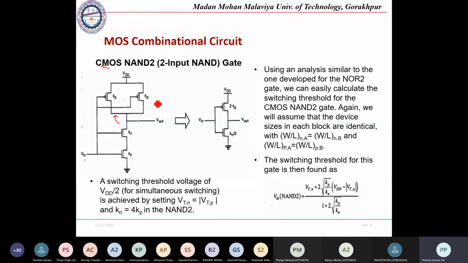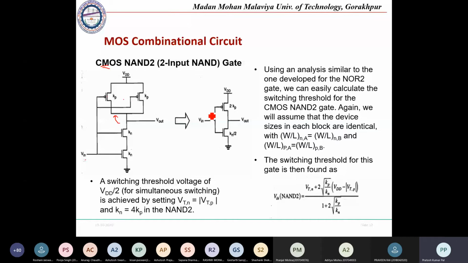If the PMOS transistors are connected in parallel, then the equivalent transconductance parameter will be 2Kp. If the NMOS transistors are connected in series, then its equivalent will be Kn by 2. This is easy. Once we know the Kn and Kp, the same inverter formula that we have seen in the previous one will be used.